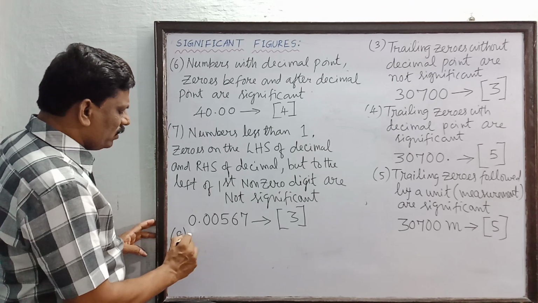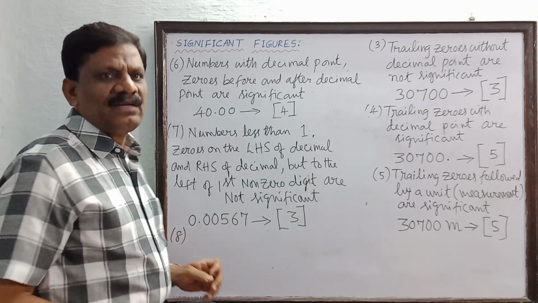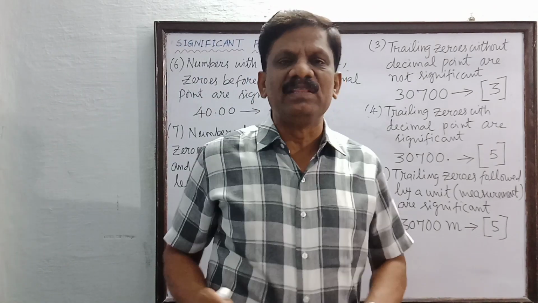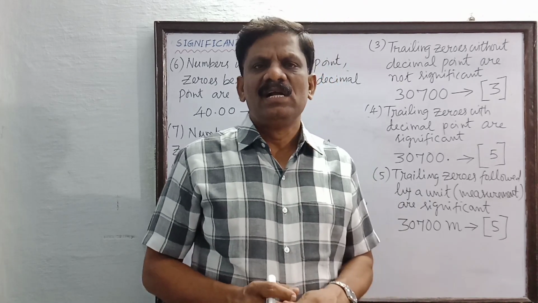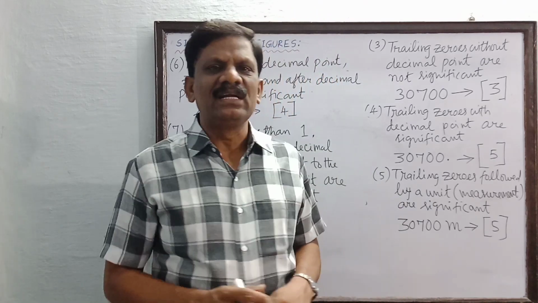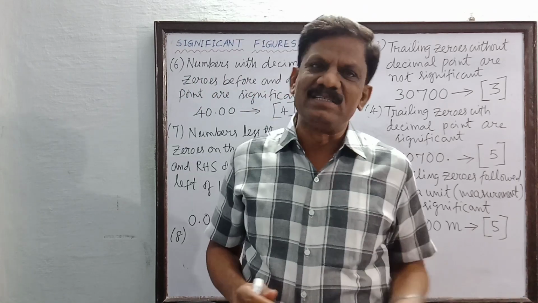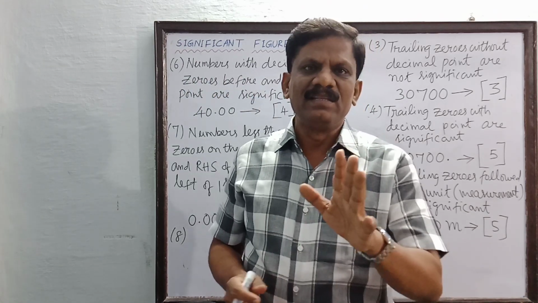So the number of significant figures does not change with the system of unit. Sometimes we express in centimeter or millimeter or kilometer and meter, but the value should remain the same.